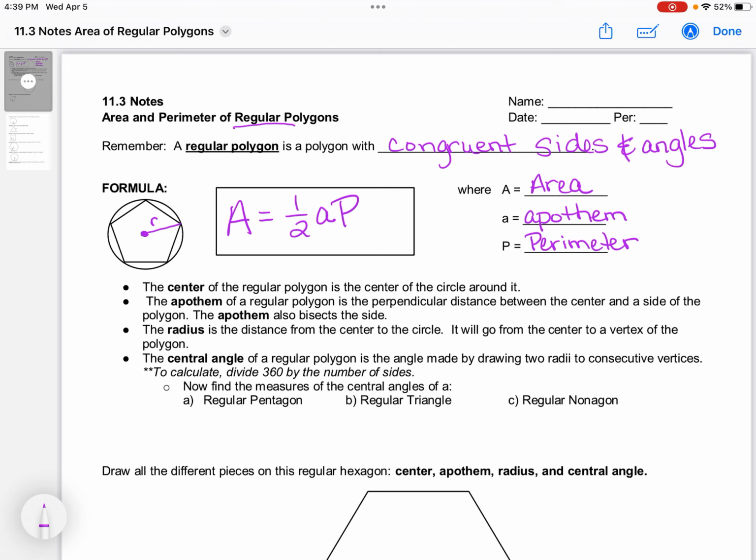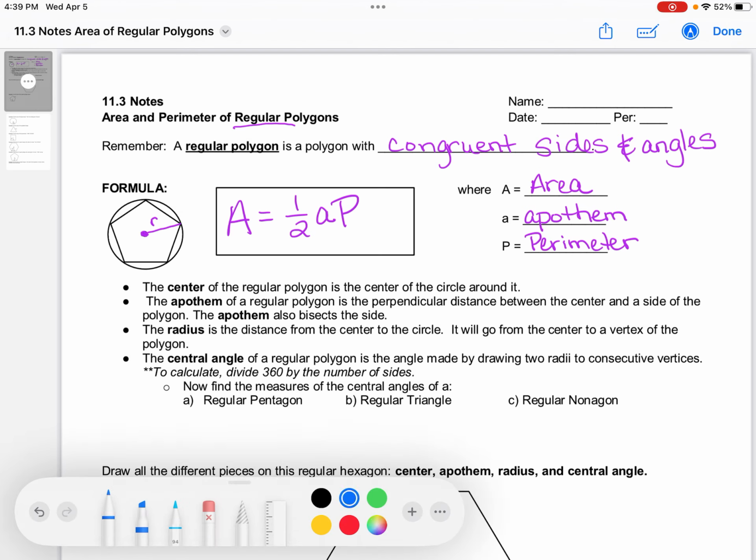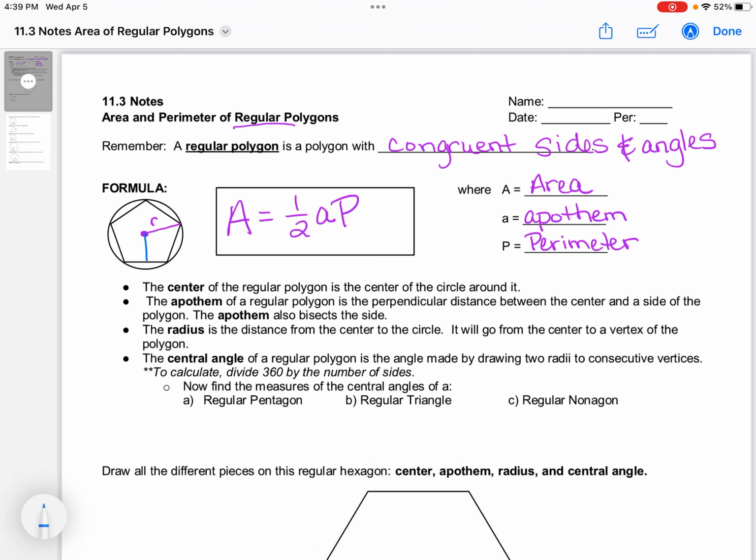The apothem is perpendicular with the sides, shorter than the radius, and bisects the side. So this is our little a right here. These two sides are going to be equal to each other, and it's going to form a right angle. And of course, when we have a right angle, we're going to use some kind of triangle in there.